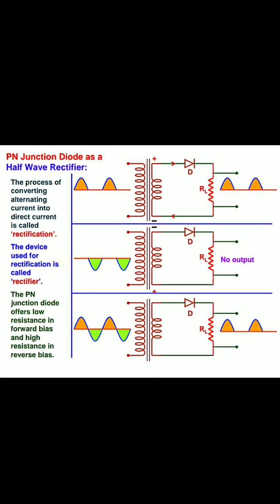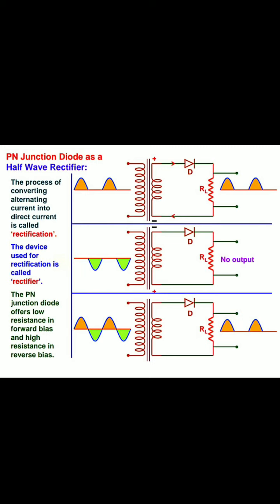The PN junction diode is used as a rectifier. That means at input we connect the AC or fluctuating voltage supply, but at output we get direct current, that means unidirectional current.